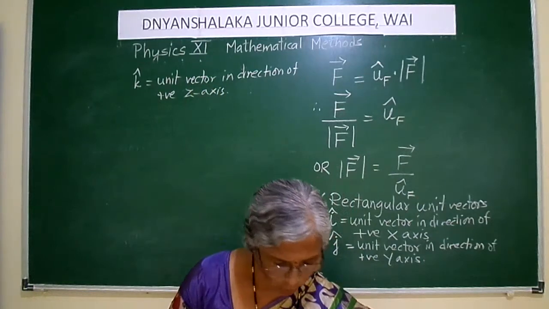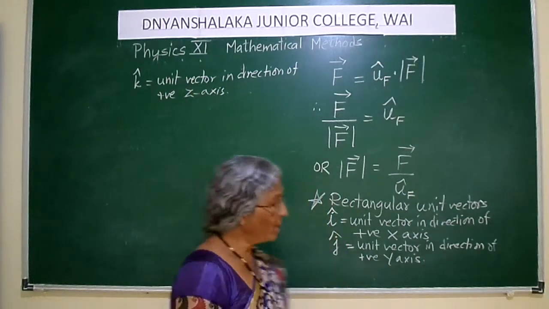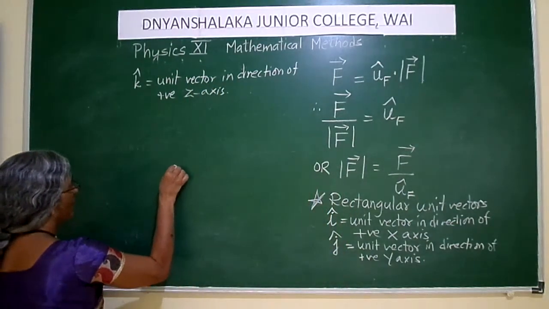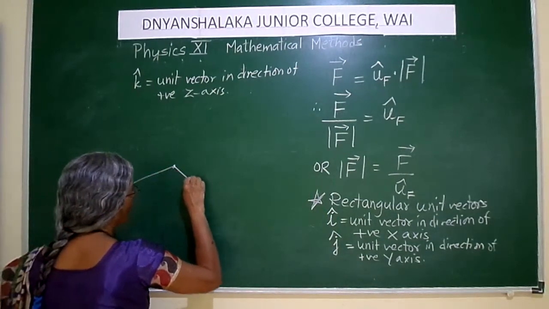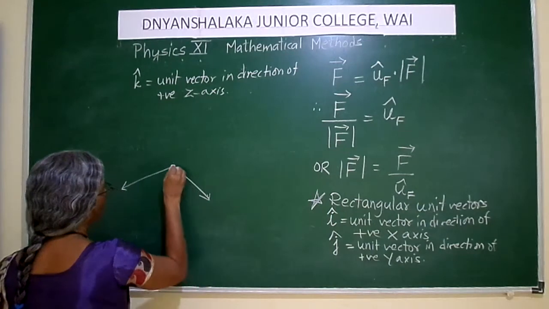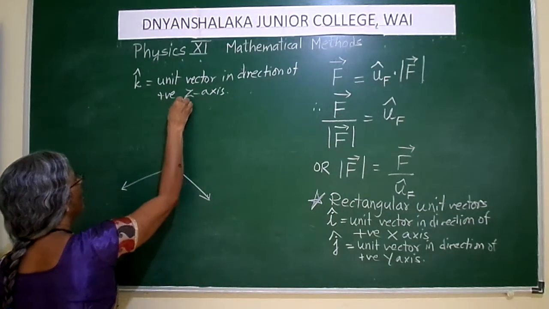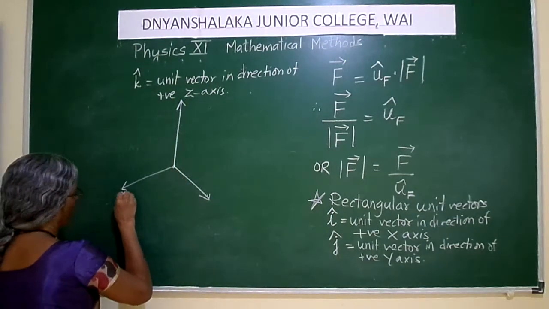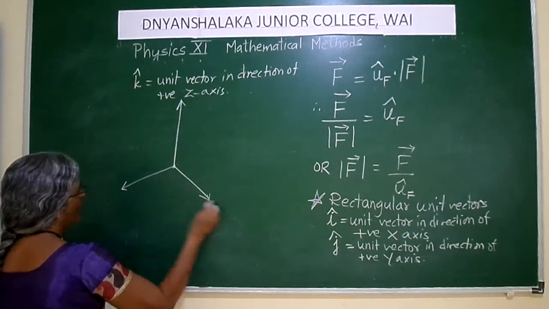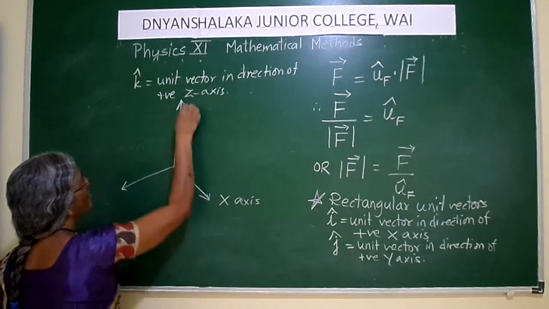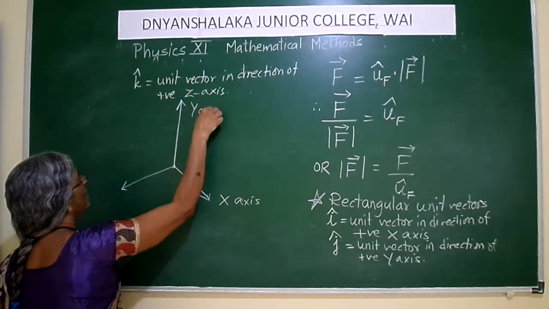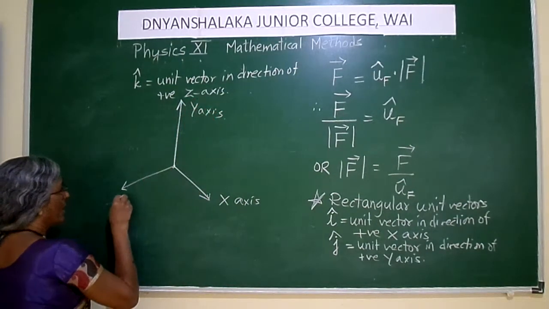Okay, so if we consider a three-dimensional aspect where x, y and z axes are always mutually perpendicular to each other, if I take this as the x-axis, then this will be the y-axis, this will be the z-axis.